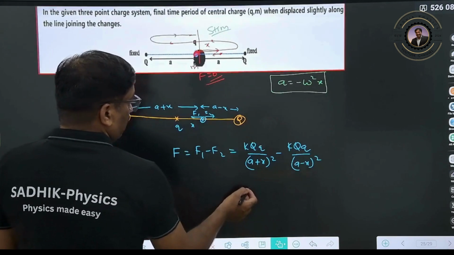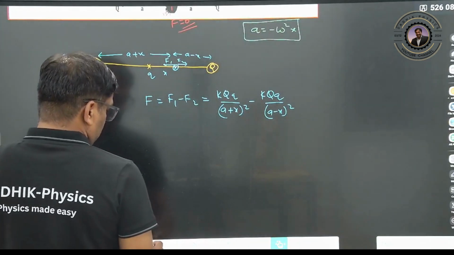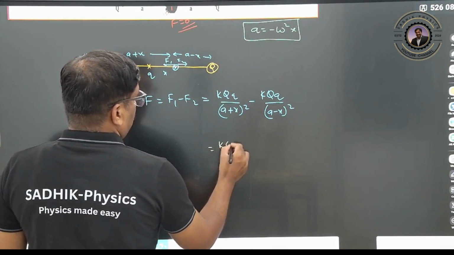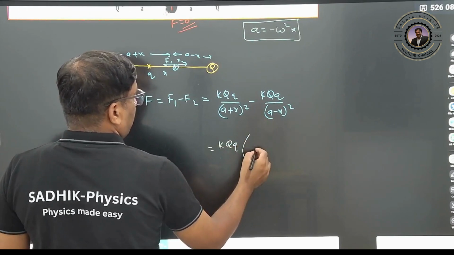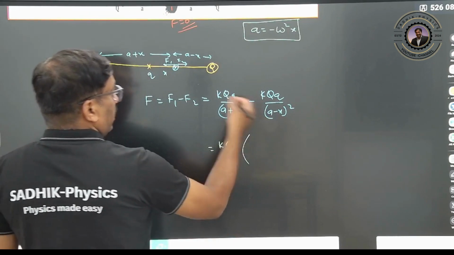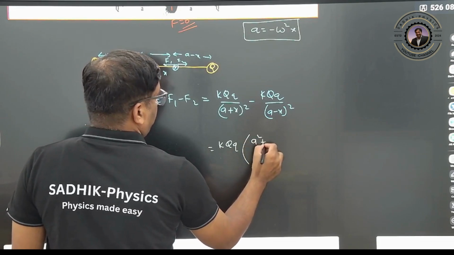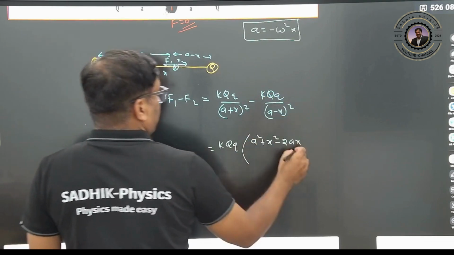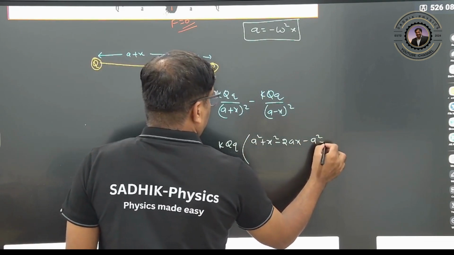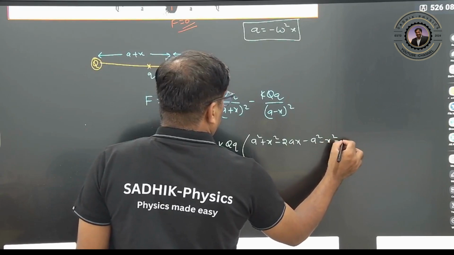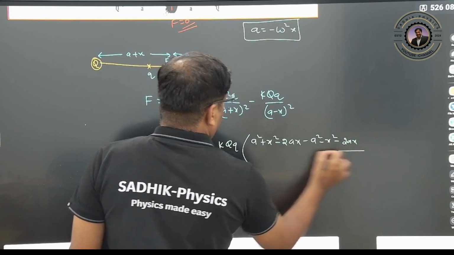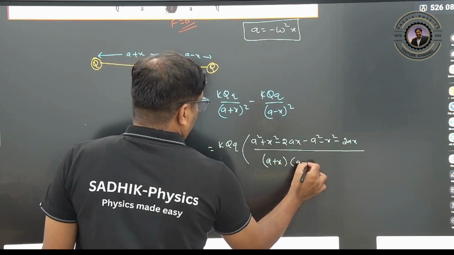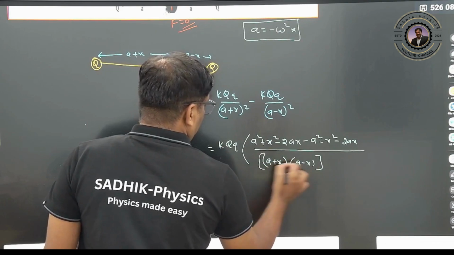So now you can simplify this one. Here K Q q, you can rewrite as (a square plus x square minus 2ax) minus (a square plus x square plus 2ax) divided by (a plus x) into (a minus x) whole square.